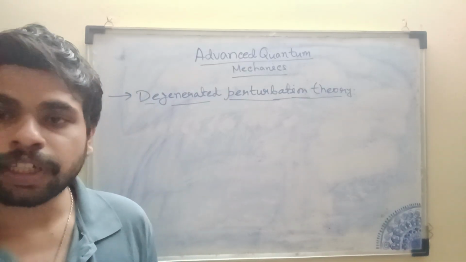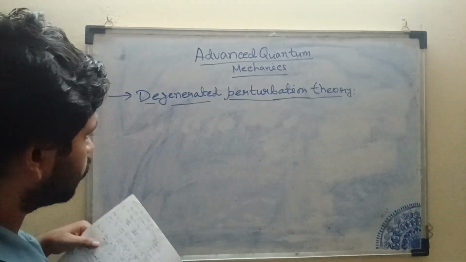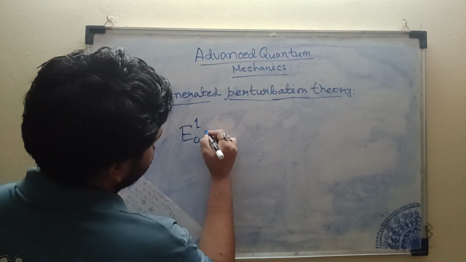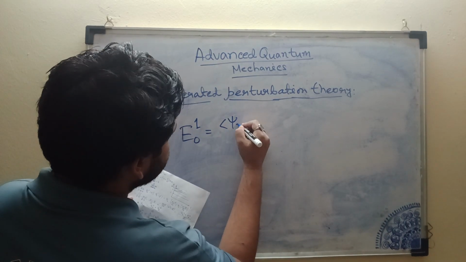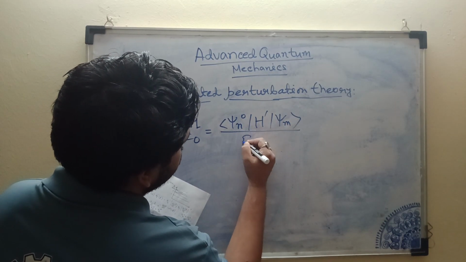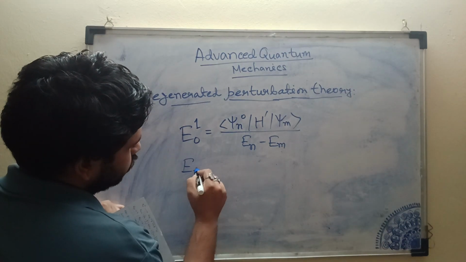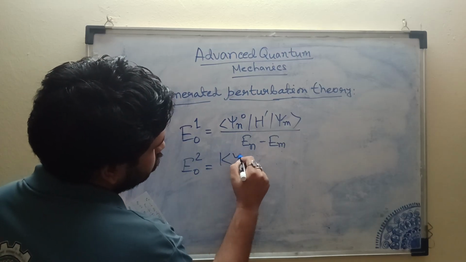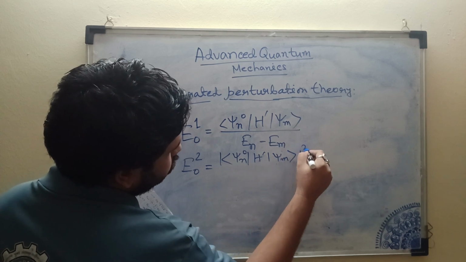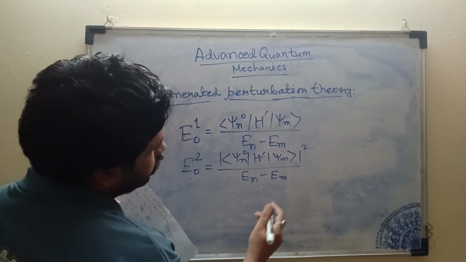We know from the first order and the second order time independent perturbation theory that in the first order case it is like psi n, this is the perturbation energy, divided by En minus Em, right? And for the second order it is the same as that, but with modulus square over the numerator part, and the denominator is the same.